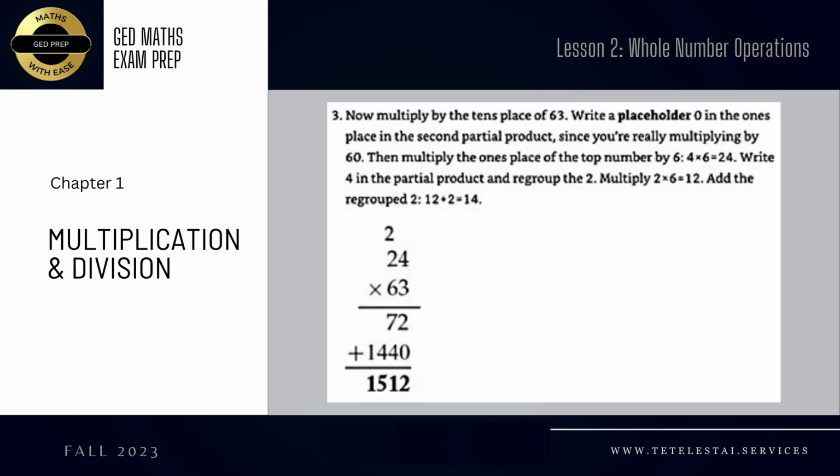And now we're going to move over to multiplication in the tens place. So 6 times 4 is 24. We're going to put 0 under 2 as a placeholder, and to remind us that we're no longer working with the ones place because we've completed our multiplication for the ones place.